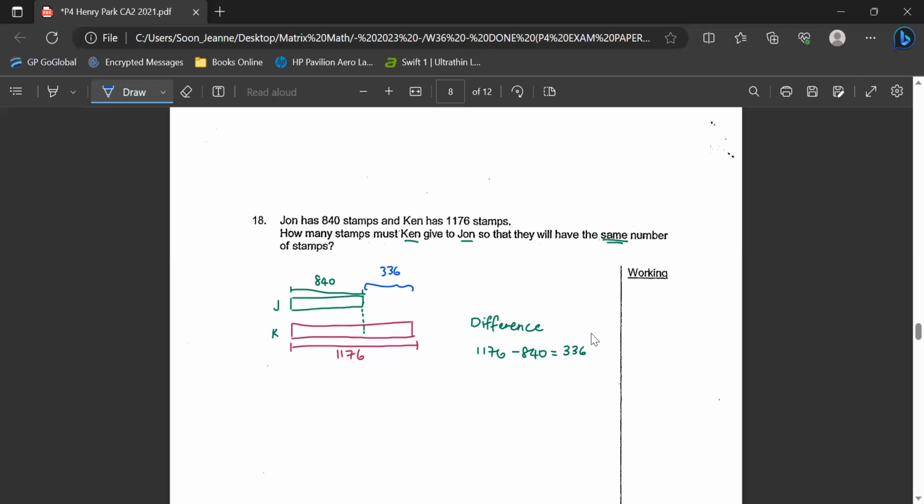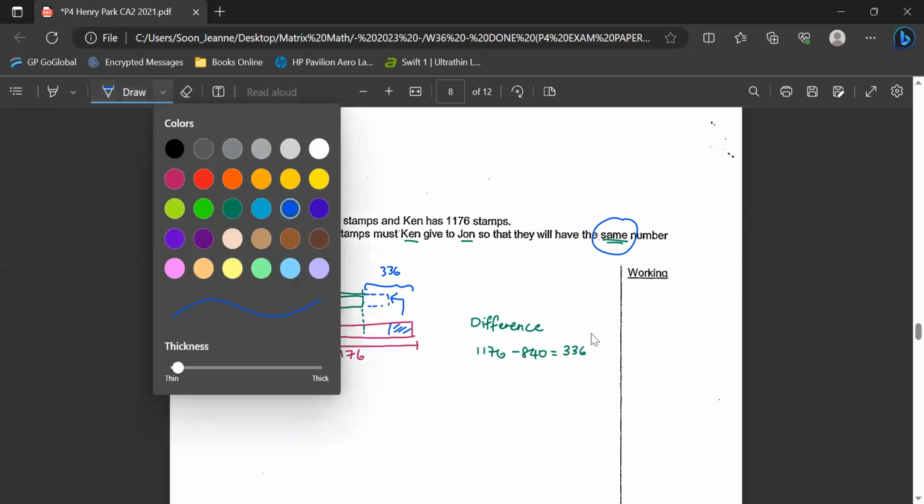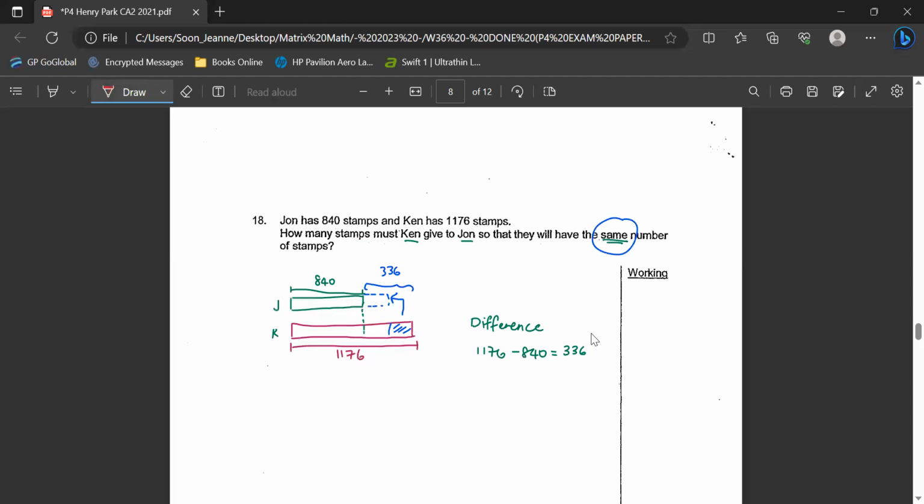In order to make them have the same, we can only share the difference between the two boys equally. Because if I were to give half of the difference to John, you can see that after that, both of them will be equal.